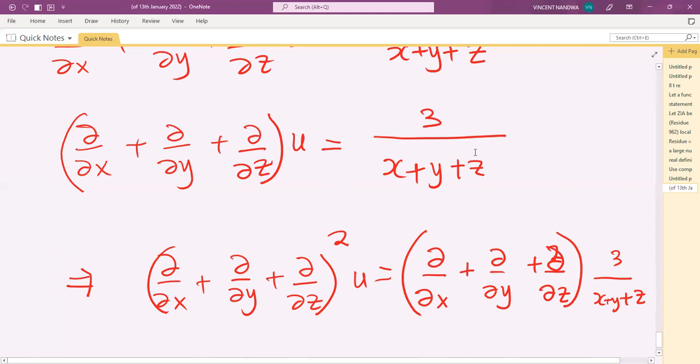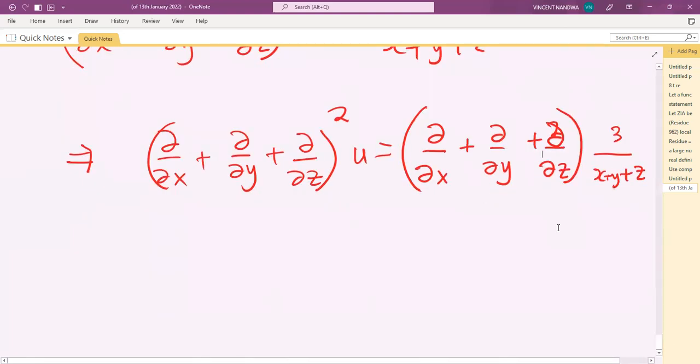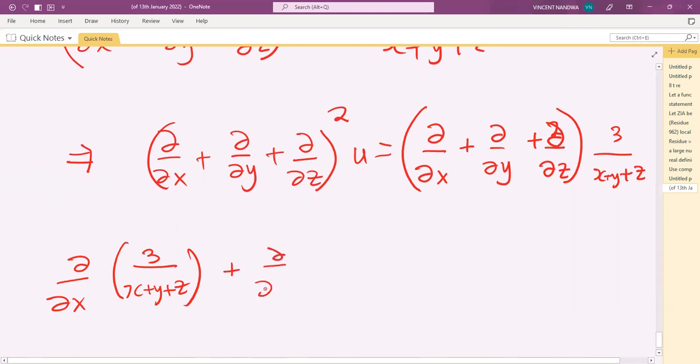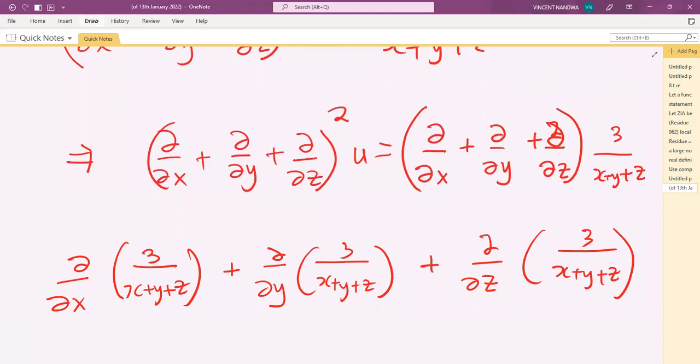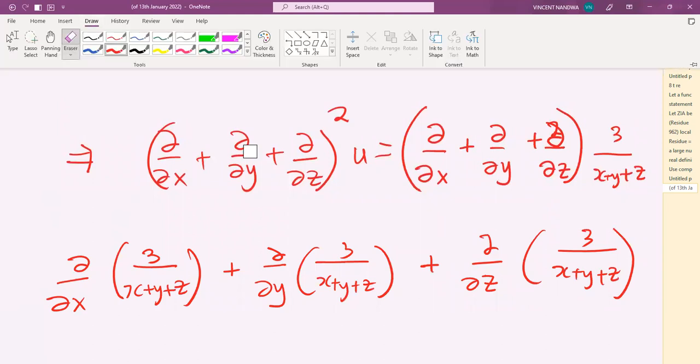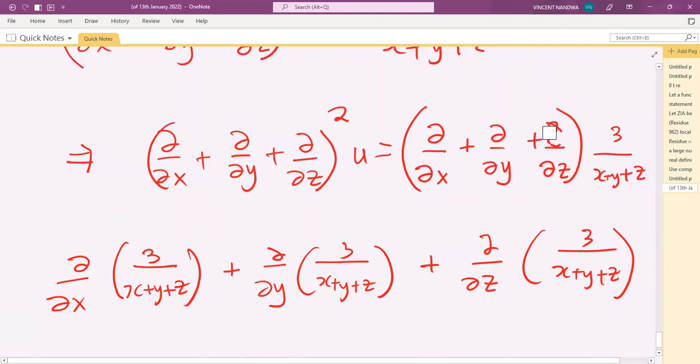So that's what it means. So this is the same thing as saying partial x of the function 3 over x plus y plus z plus partial y of 3 over x plus y plus z plus partial z of 3 over x plus y plus z.